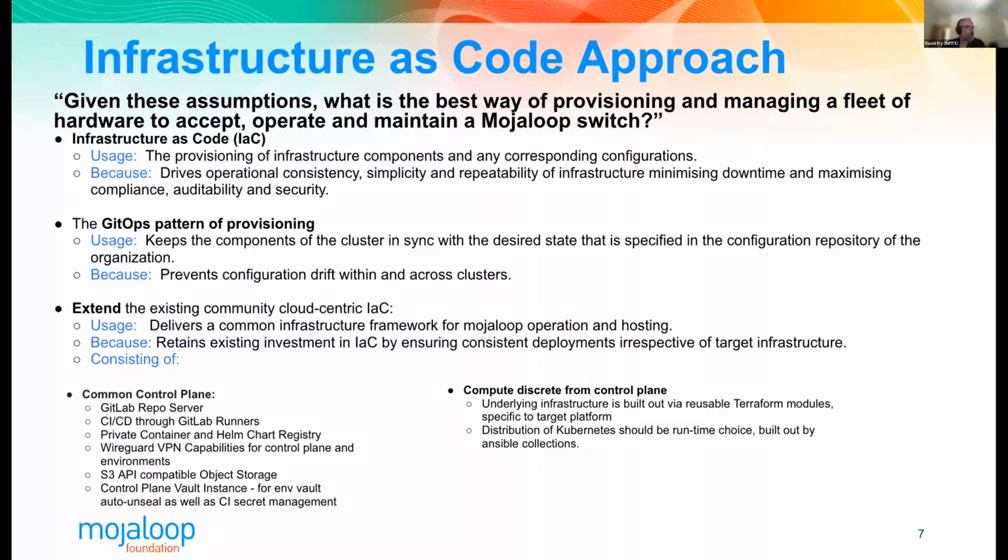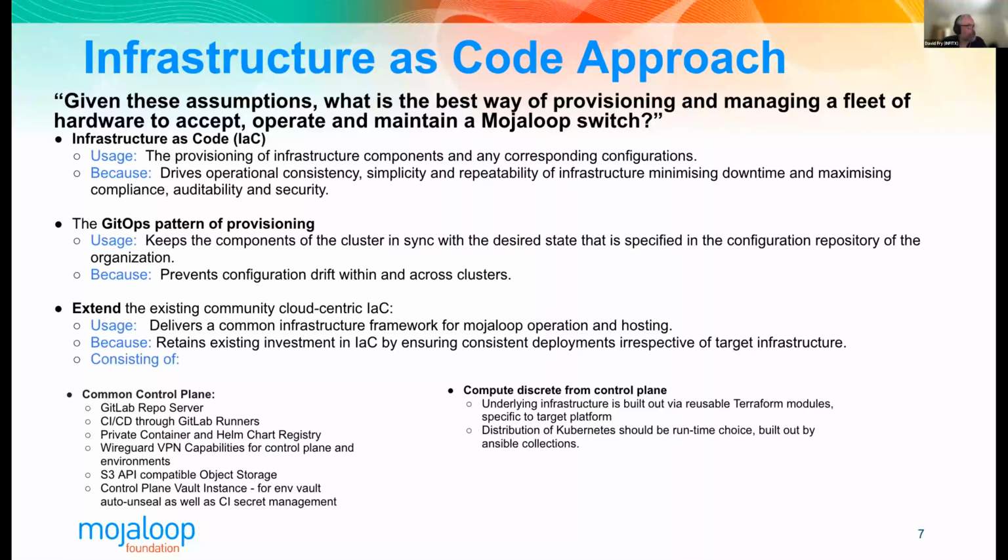Because it's going to drive operational consistency, simplicity, and repeatability of the deployment of infrastructure, which will minimize downtime and maximize compliance, auditability, and security. So I think I already talked about IAC, and I don't think I need to belabor the point of why we're using IAC.